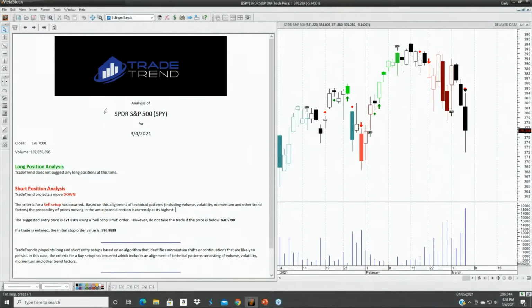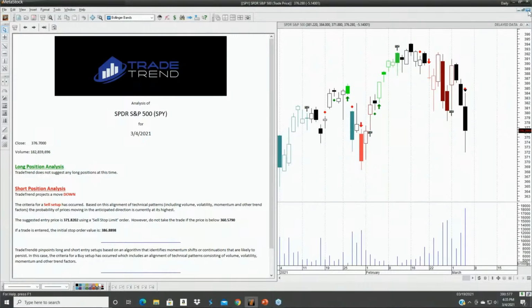Yeah, so one here from Edward: rather than short SPY, would it be a better idea to buy SH? Would the short signal on SPY also give a long on SH? I am not familiar with SH. Normally for inverse ETFs, I would go long with SPXS, but I can pull up SH. I'm not familiar with it.